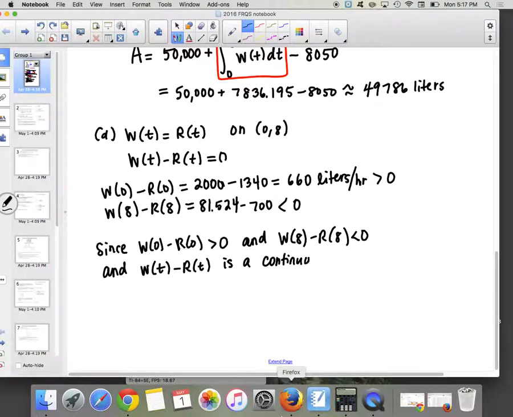Because we're talking about water leaving, right? We're not going to be like, oh, water leaves at 500 gallons per hour for the first hour, and then stop, and now it's going to be 300 gallons per hour for the next hour. It's not just going at a non-continuous rate.